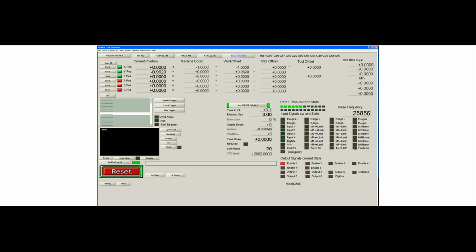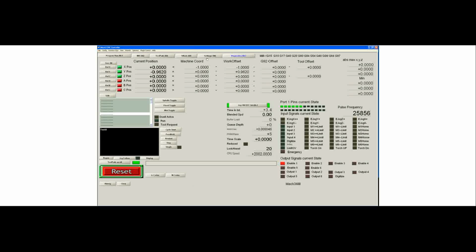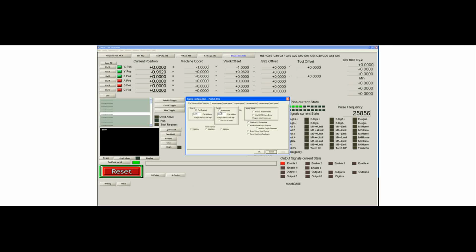Those are the most common problems that people come into when they're trying to set up Mach3 after having used Mach2. The important things to check: your ports and pins. Make sure all of the things on this side are unchecked unless you know that you need them. And make sure that your input signals on the LEDs are all out.